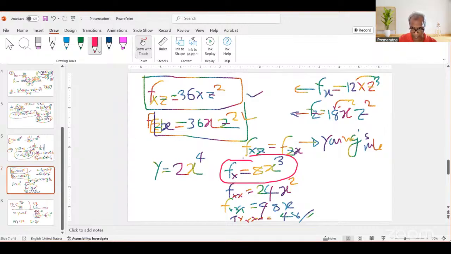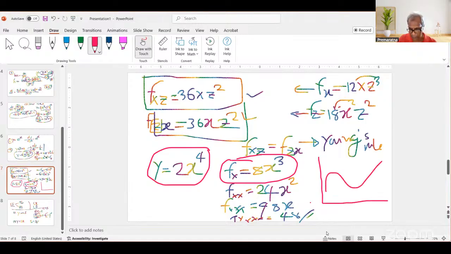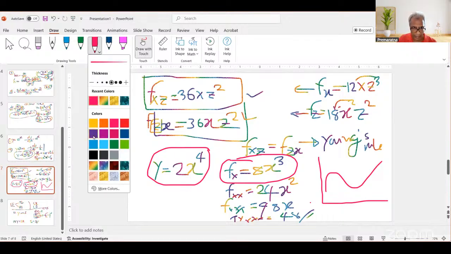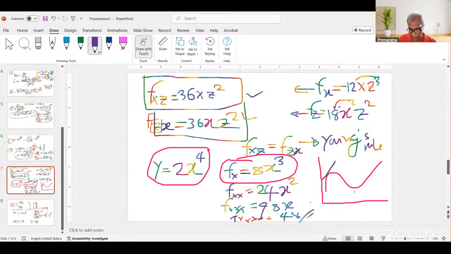The first differentiation: let's say this equation, if you put it into a graph, whatever shape comes, let's say a graph like this came. The first order means you get the slope of the curve. At whatever point, you can get the slope of the curve. That is the first order differentiation. That is very important to understand.